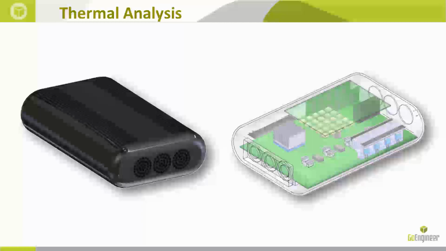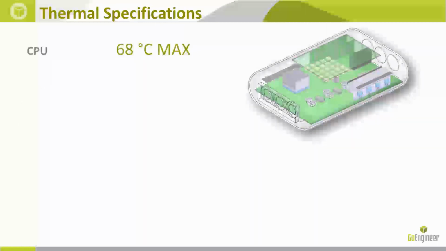So for today, we're going to use the simplified model, and some of the conditions that we have set for this is that the CPU temperature, which is in the bottom of the heatsink, has to be a maximum of 68 degrees.